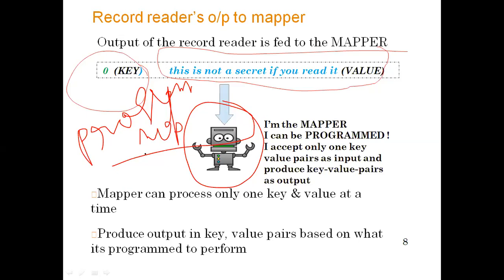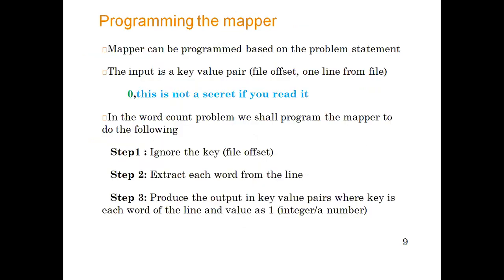The mapper takes the input as key value pairs and produces the output as key value pairs itself. The mapper is to be programmed by the programmer according to the problem statement. So the record reader has a default behavior, and the mapper has to be programmed by the programmer.